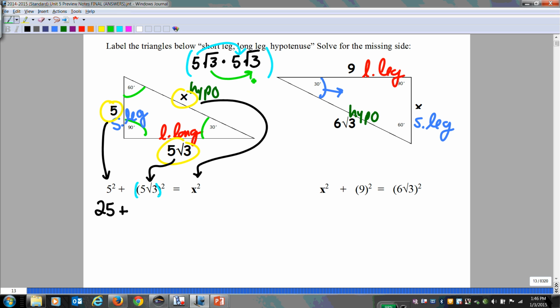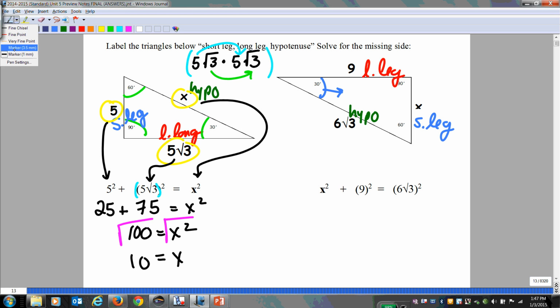Root 3 times root 3 is 3. 3 times 25, that's 75. 25 plus 75 equals x squared. So here we have x equals 10. Let's try this one over here.